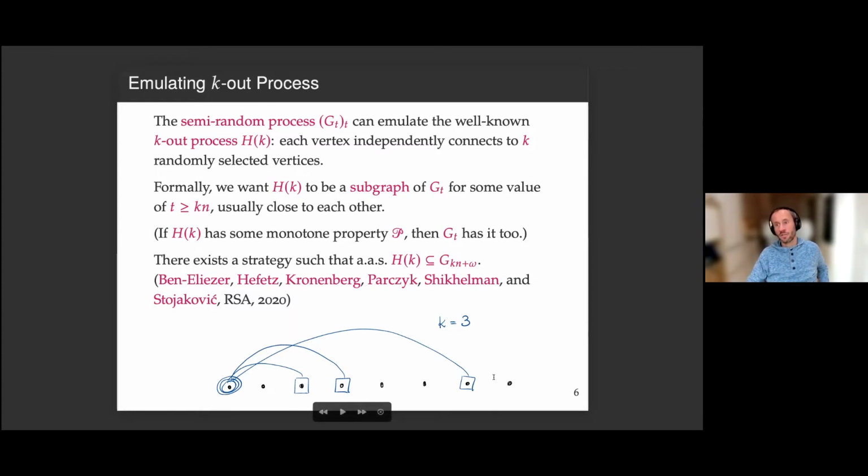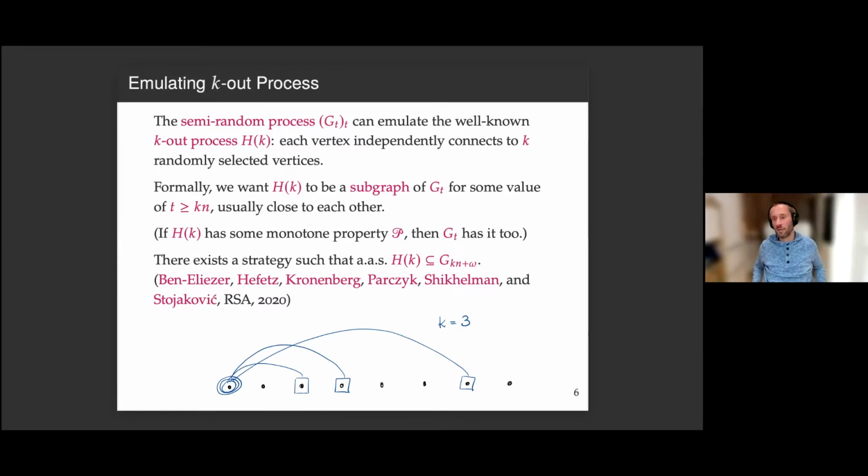So the process becomes very nice and predictable. Long story short, I think the most interesting questions about the semi-random process as well as the k-out process are when k is a constant, because then you have an extra power.